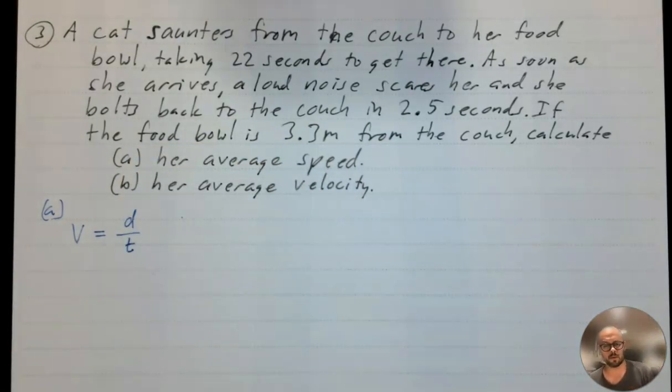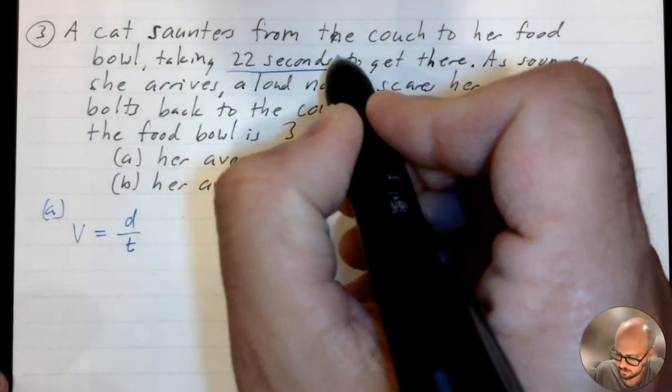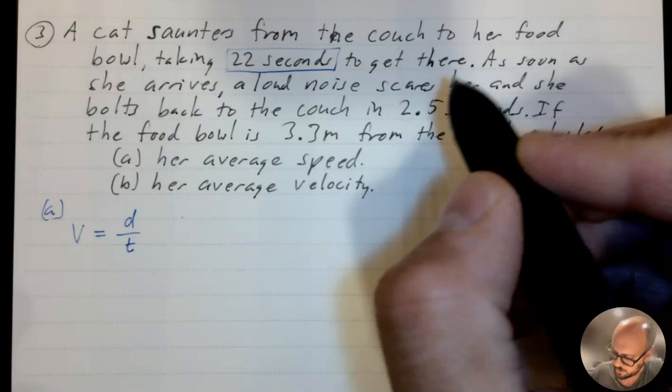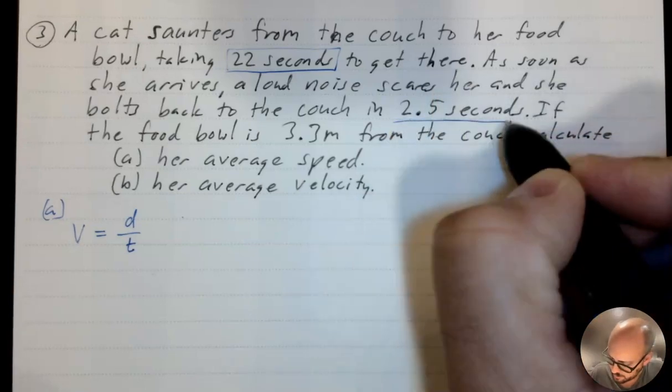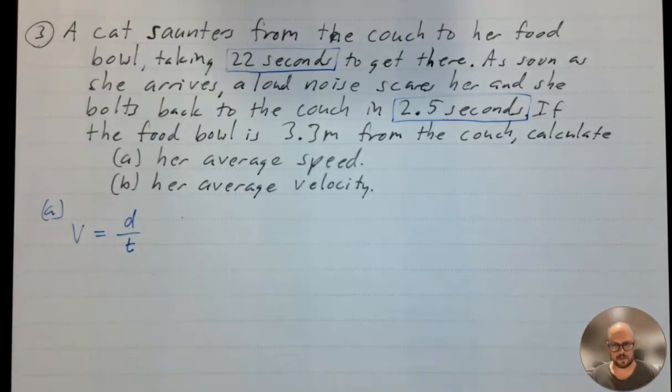Now we have to consider everything that happens with the cat. This 22 seconds is the first part of the journey where the cat goes from the couch to the food bowl. And then the 2.5 seconds is when the cat is sprinting basically back to the couch from the food bowl.